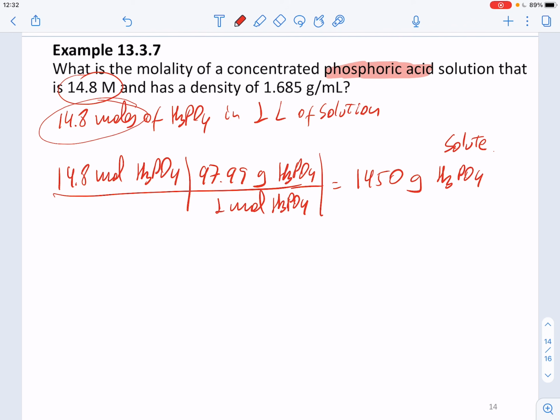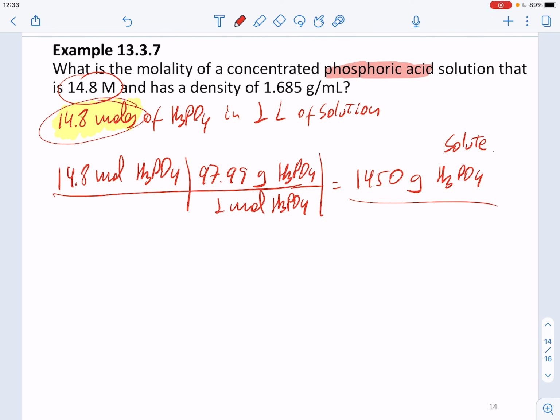Okay? So why do we need this? Well, we are calculating molality, and molality is the number of moles of phosphoric acid, which we already have. We have 14.8 moles. We calculated the mass of the solute because we have volume of solution.